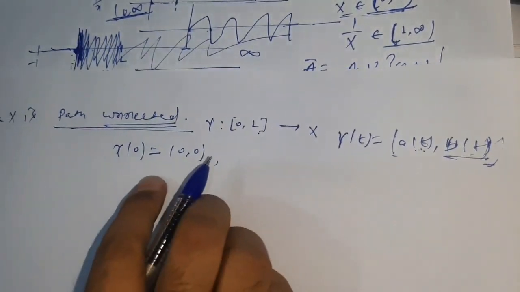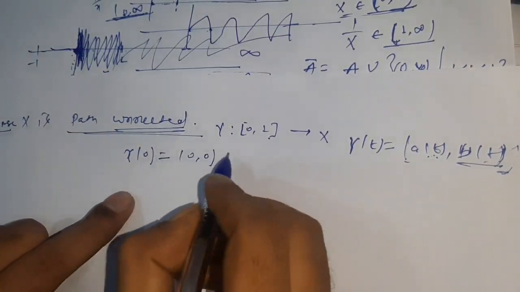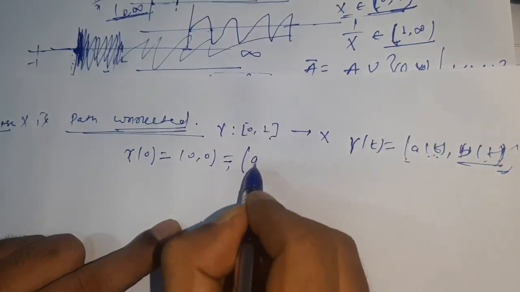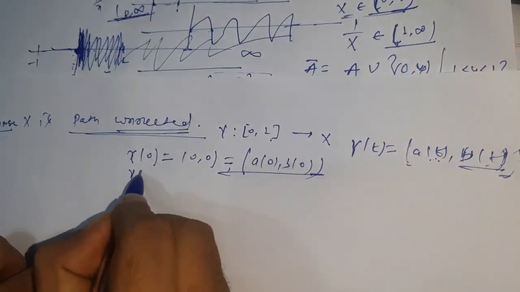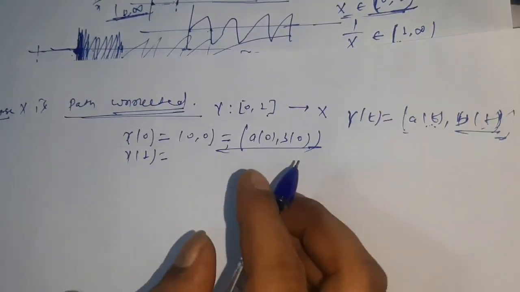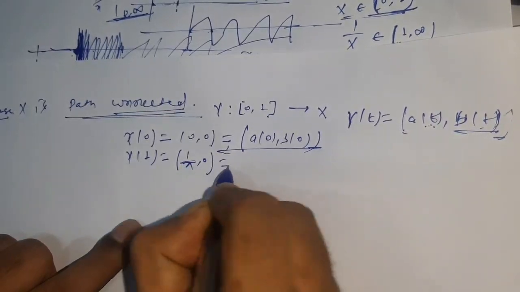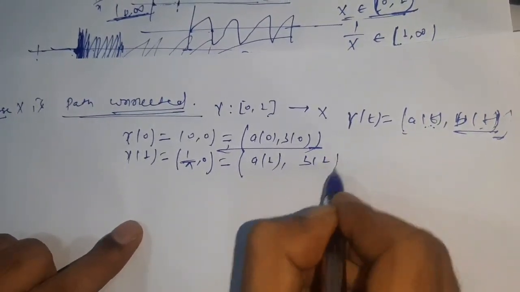If you apply the definition of path connected, gamma(0) is equal to (0, 0), we can write like this also, (a(0), b(0)) = (0, 0), and gamma(1) is equal to (1/π, 0), we can write like (a(1), b(1)).